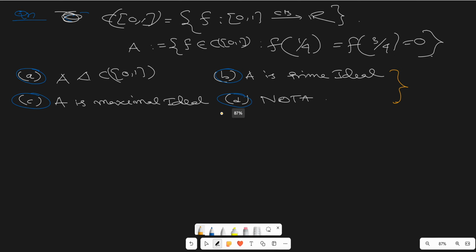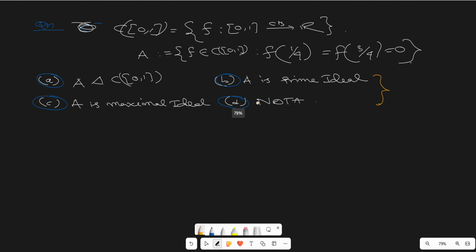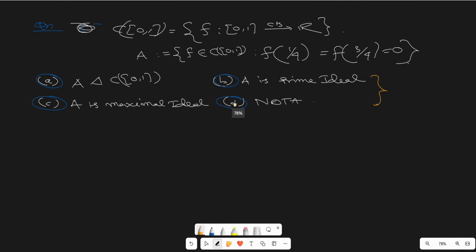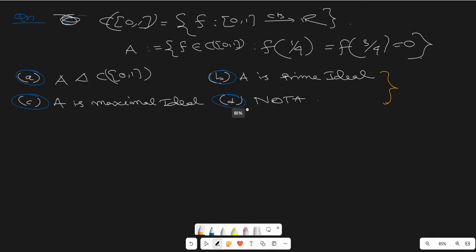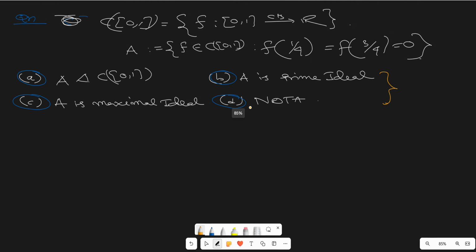I don't know why it is still not working. How do I scroll that?